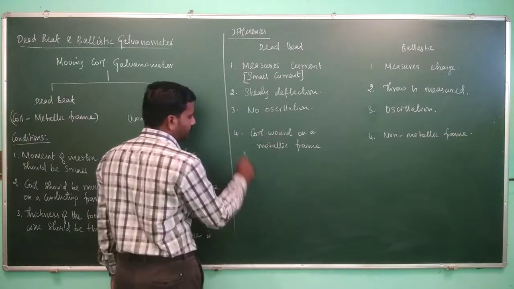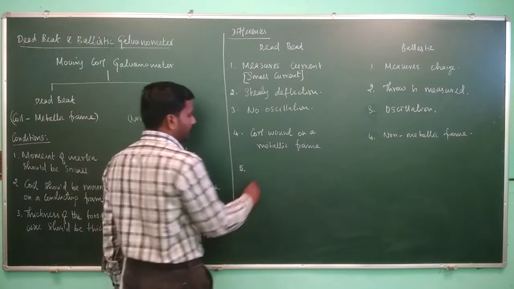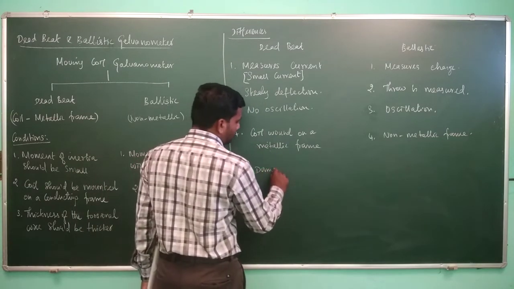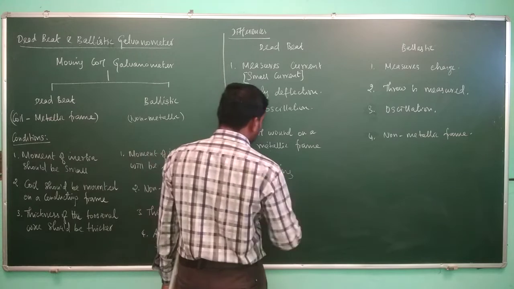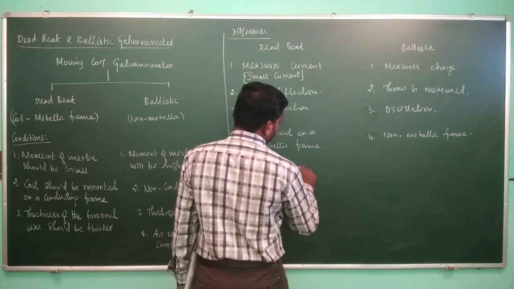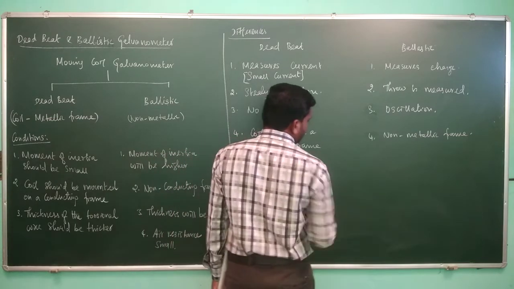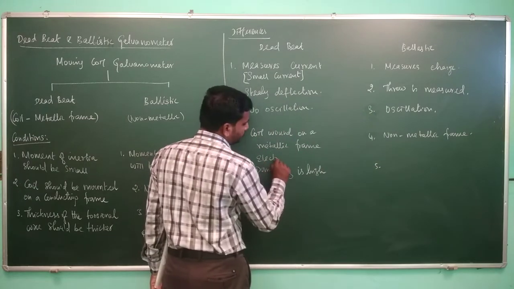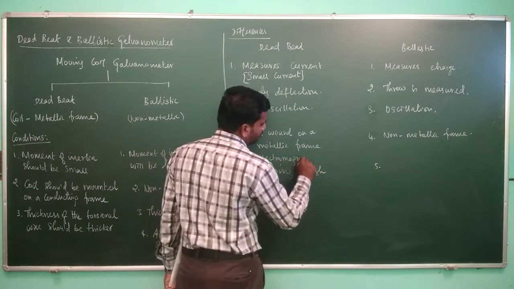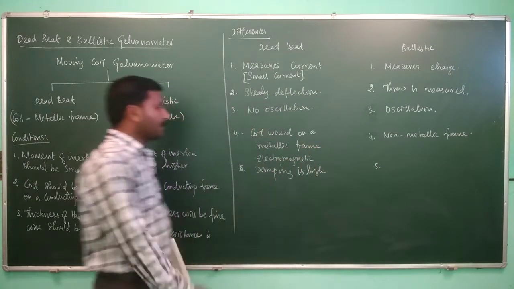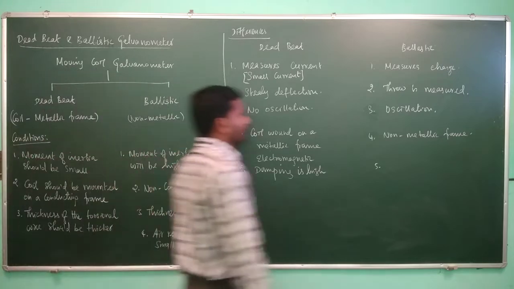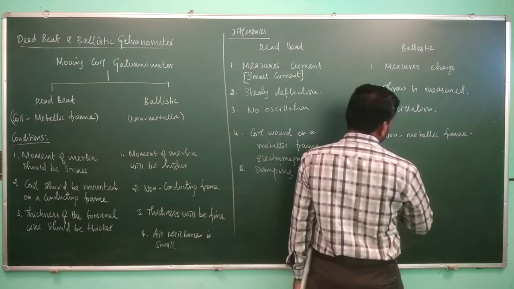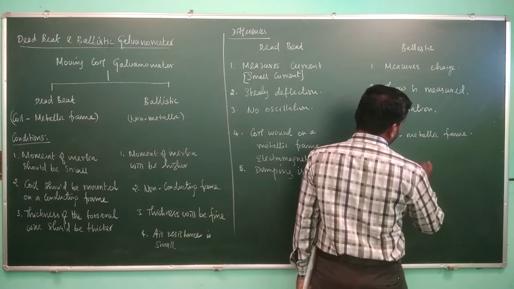And another point, here damping is high, here damping is low. That is electromagnetic damping, which is important. Electromagnetic damping is high here, and here damping is small.